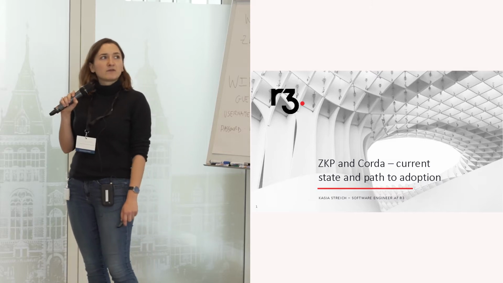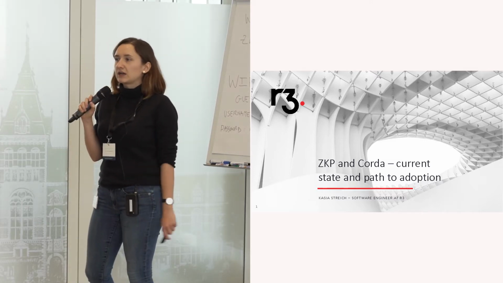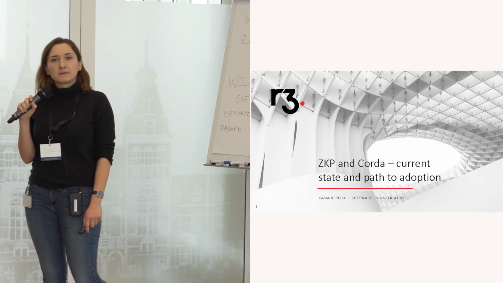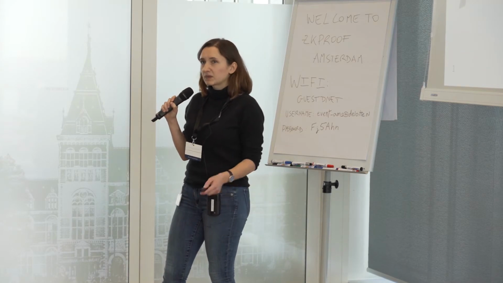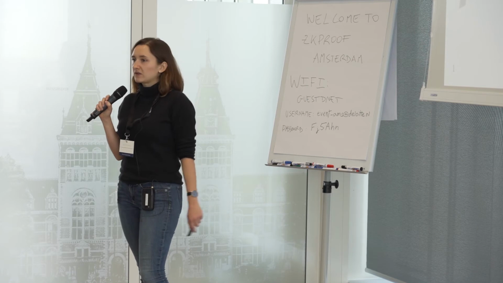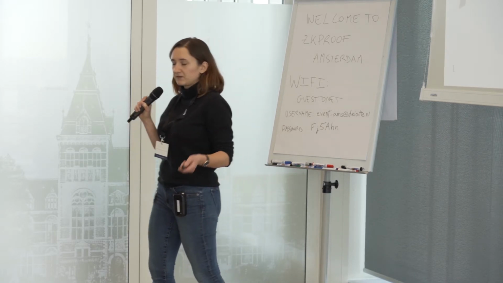a high-level overview of the current state of Corda and how we imagine implementing zero-knowledge proof technologies in our platform. So for those who don't know, R3 is a company that started around 5 years ago as a consortium of banks and financial institutions that wanted to experiment with the blockchain technology, like different platforms.